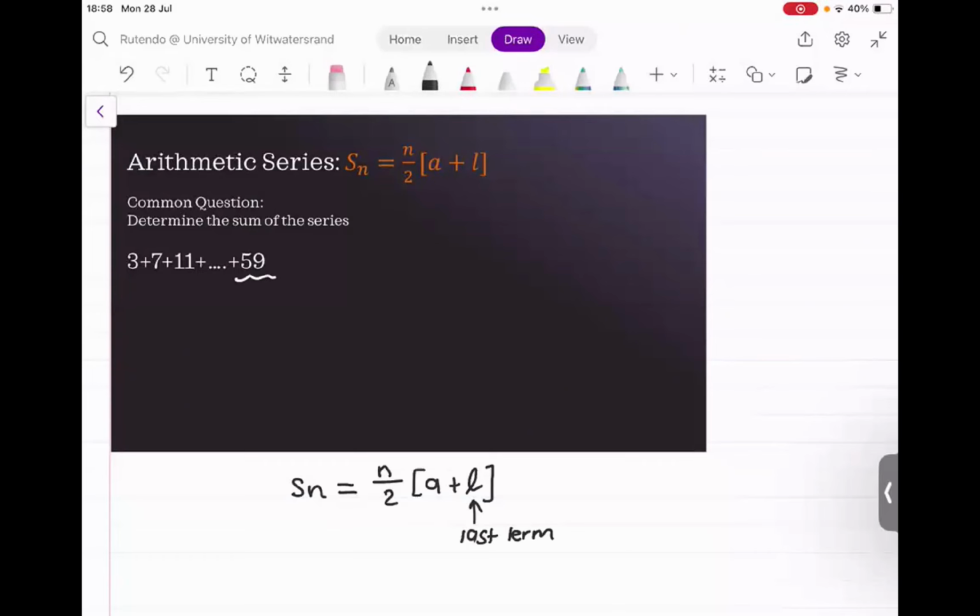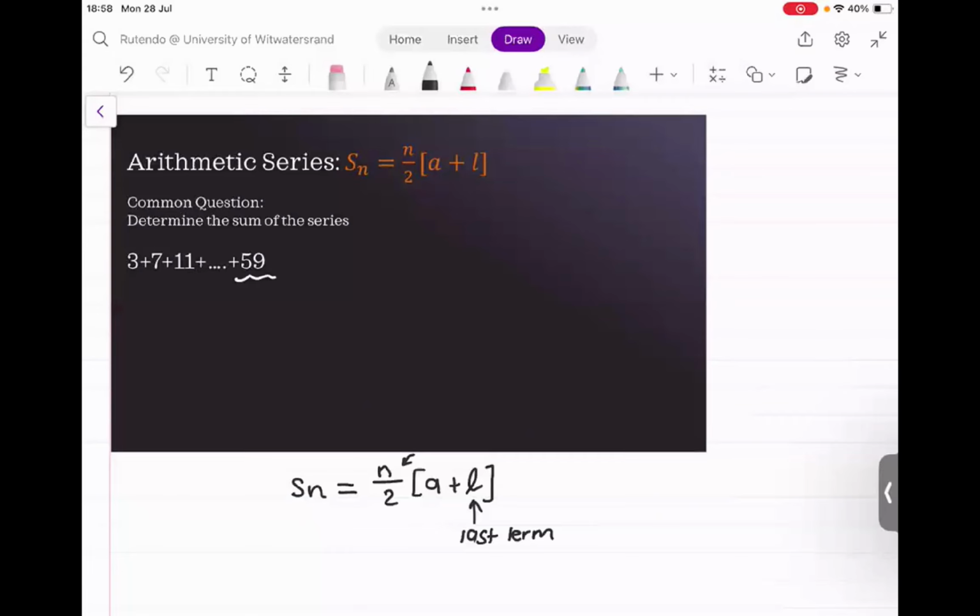And this n tells you what? The number of terms you're adding, right? And I don't know how many terms I'm adding yet.